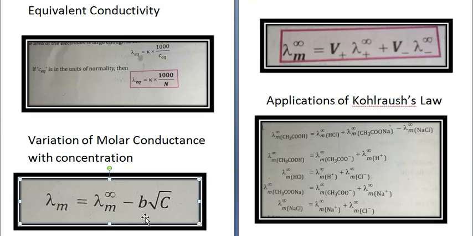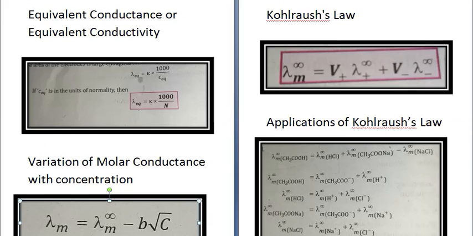The problem was finally solved by a scientist by the name of Kohlrausch, and Kohlrausch gave a law. This is called Kohlrausch's law.